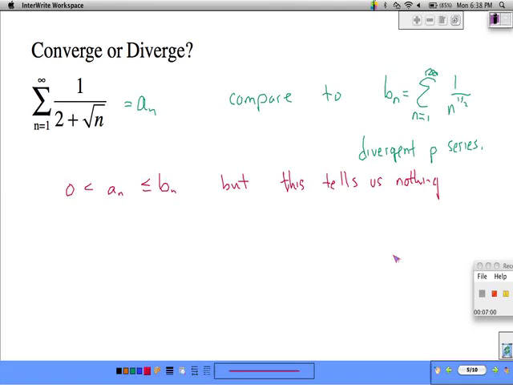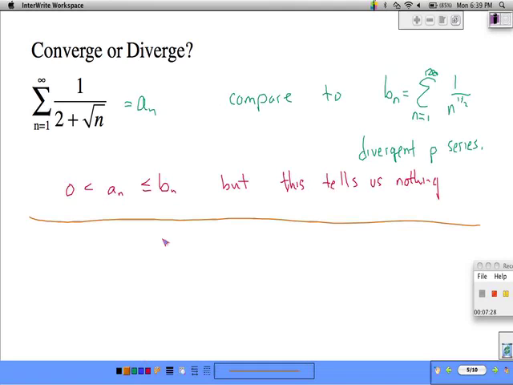Because if we have a sub n being less than or equal to b sub n, then in order for the direct comparison test to work, what we're comparing to has to be convergent to say that ours is convergent. So we need to compare this to some other series. Just taking 1 over the square root of n, while it's a good idea, doesn't work in this case.